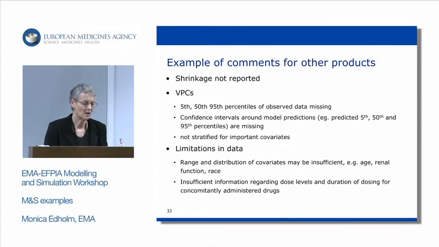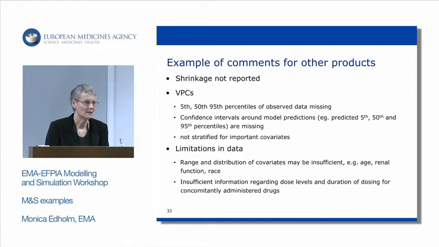Examples of comments for other products are that often shrinkage is not reported even though the individual Bayesian estimates are used. VPCs often don't contain the elements we need to assess if the model is appropriate. And there may be limitations in the data. The range and distribution of covariates may be insufficient.